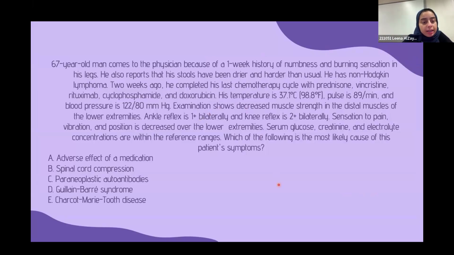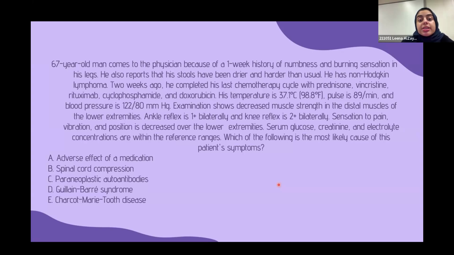Now let's go ahead, and I think now we're going to start the spinal cord. So a 67-year-old man comes to the physician. Oh, not spinal cord. Okay, we're starting the third lecture, which is the components of the nervous system. So a 67-year-old man comes to the physician because of a 1-week history of numbness and burning sensation in his leg.